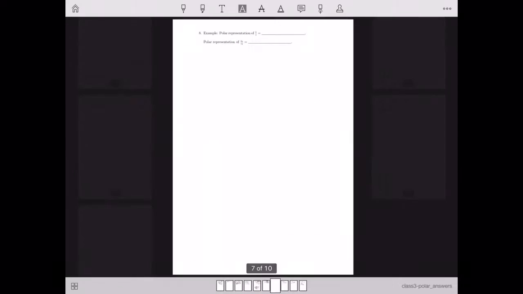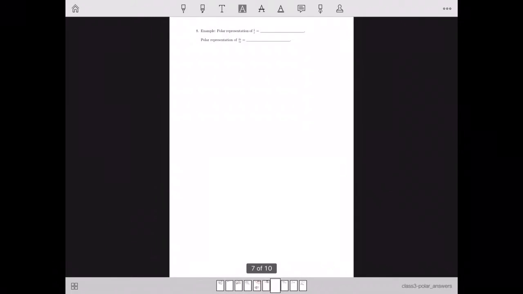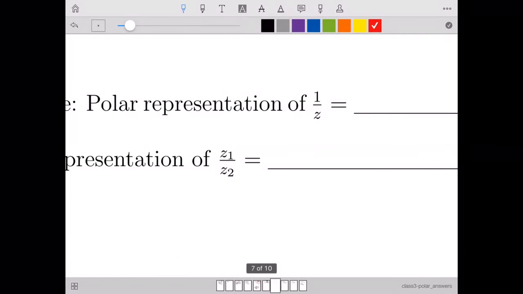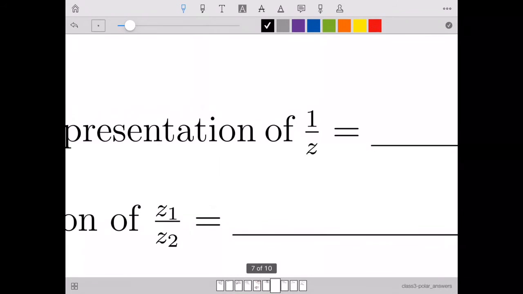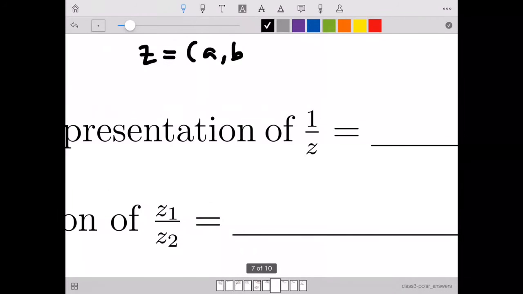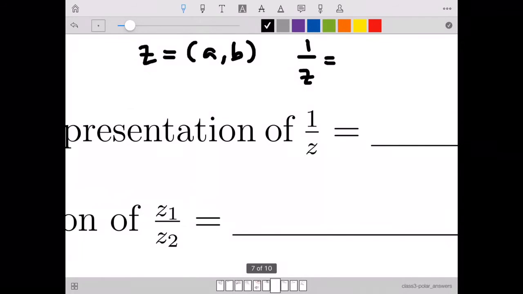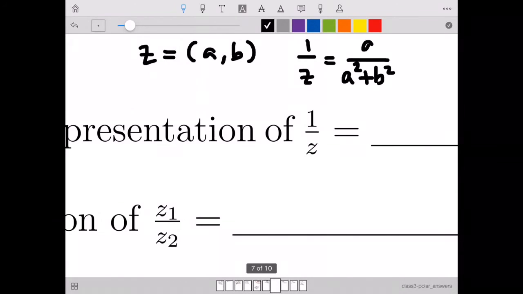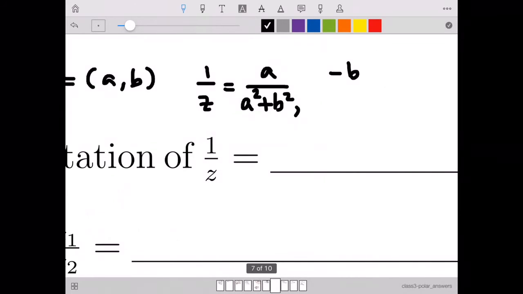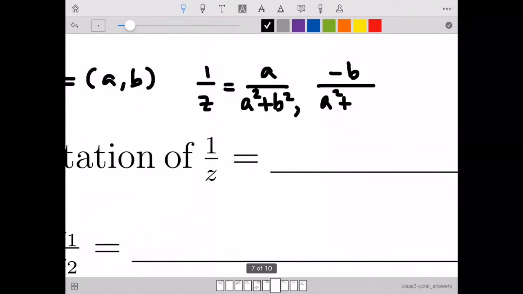Now let's look at the polar representation of 1 over z, the multiplicative inverse of z. So what was 1 over z? Remember from before, if z is (a, b), then 1 over z we calculated as (a over a squared plus b squared, comma, minus b over a squared plus b squared).